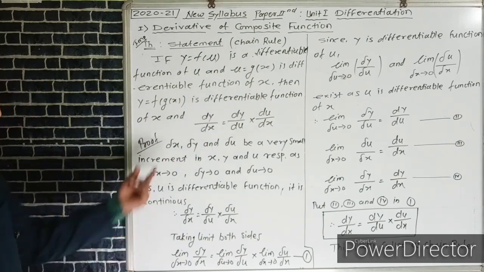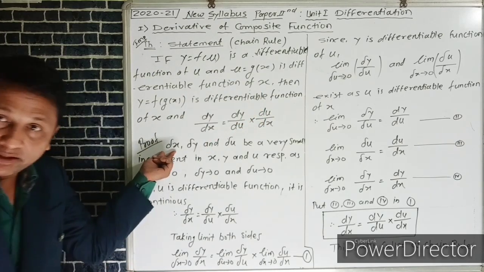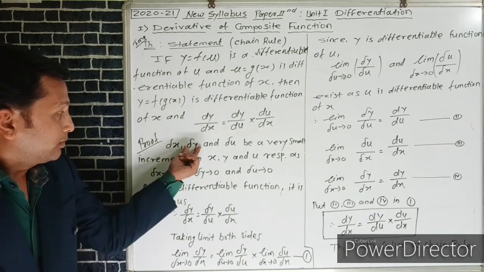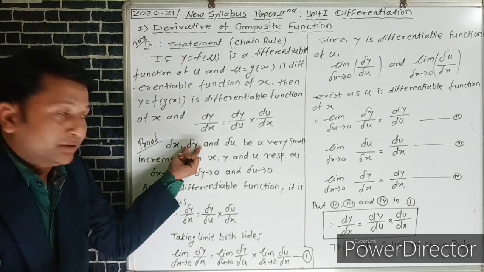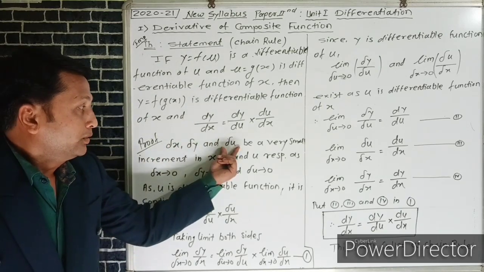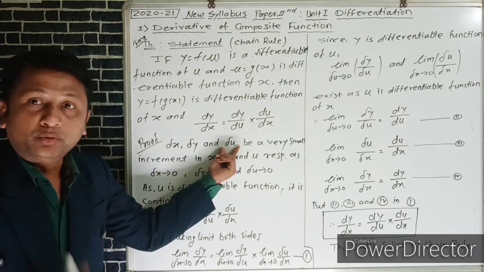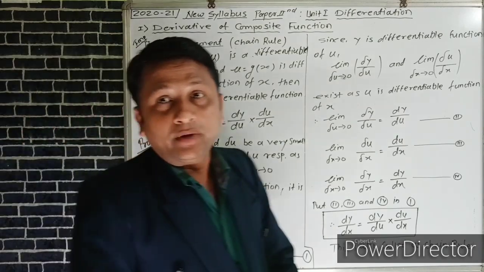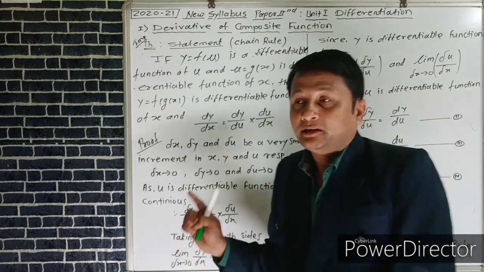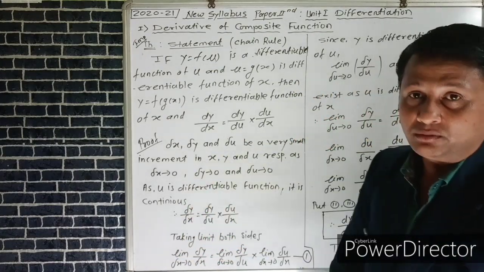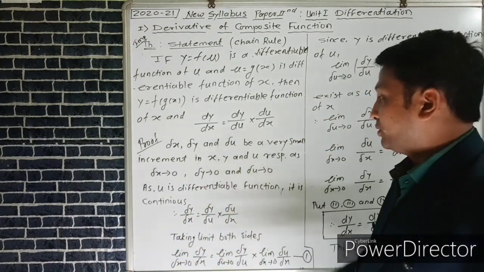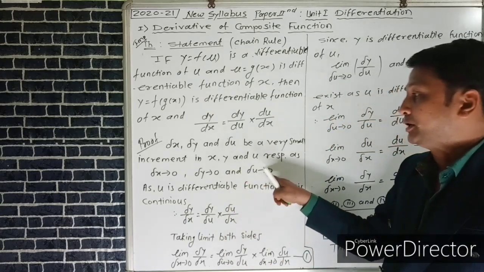Then we can write that as del x tends to 0, del y tends to 0 and del u tends to 0.